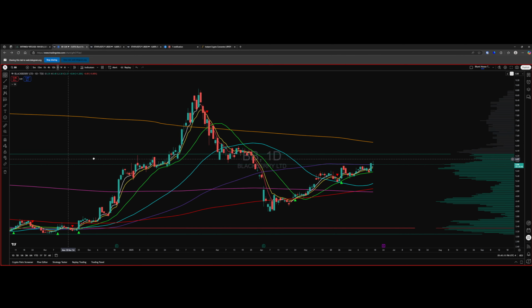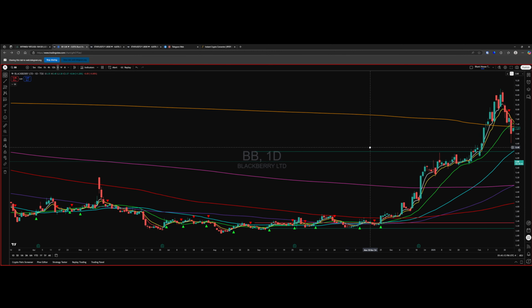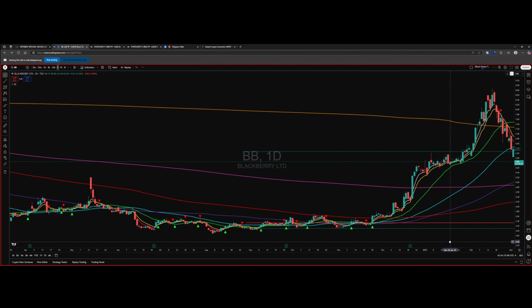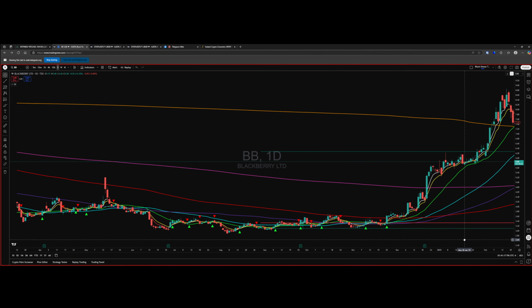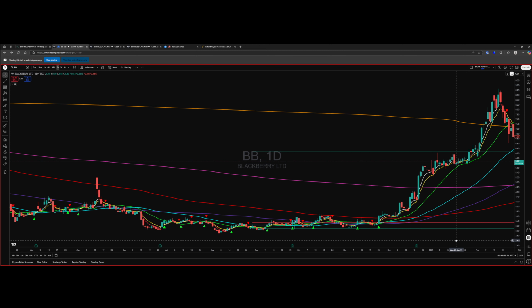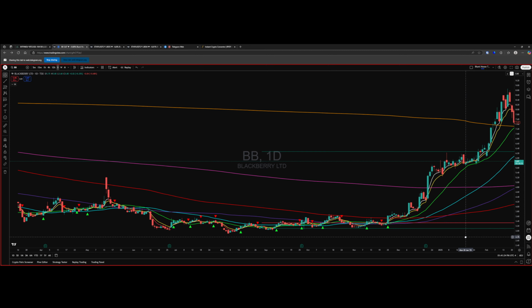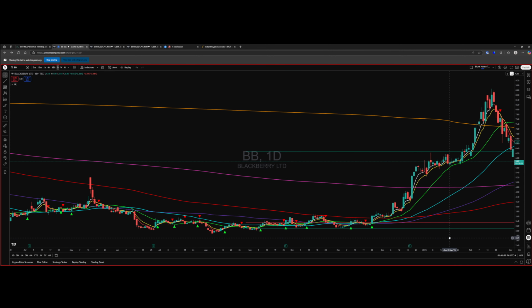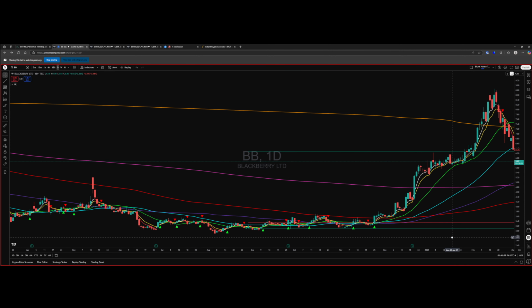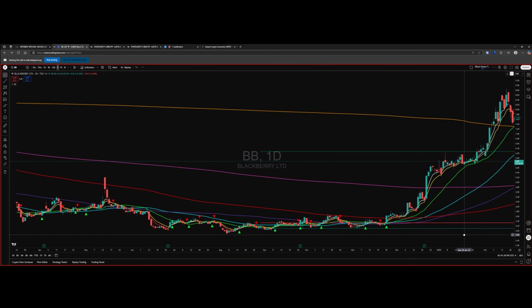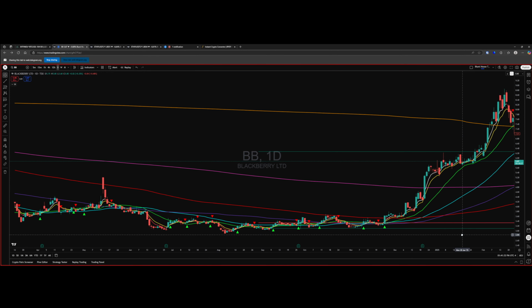And here it is on the way up, fanning out all your averages, right? You're trading above the 20, the 50, the 200, and you come back and you start testing. At some point in time, you're going to come back and start testing. When you fail, that's a bonus. I don't know it's going to fail the 20. I just know that at some point it's going to come back and test it.